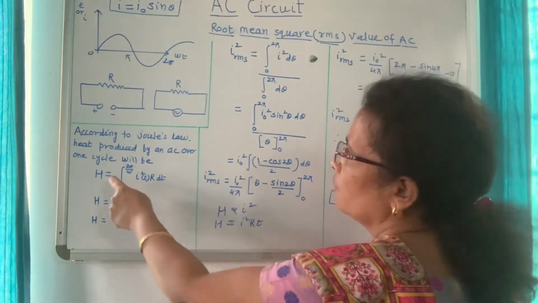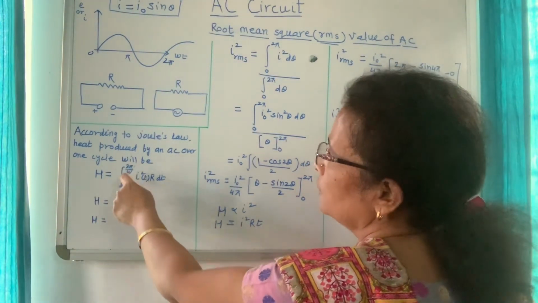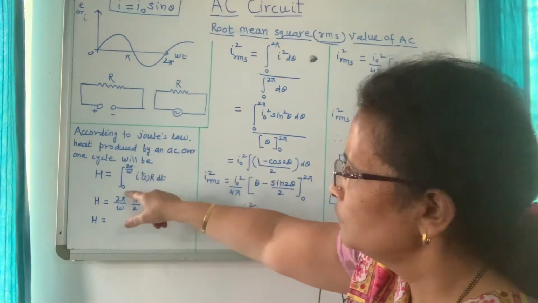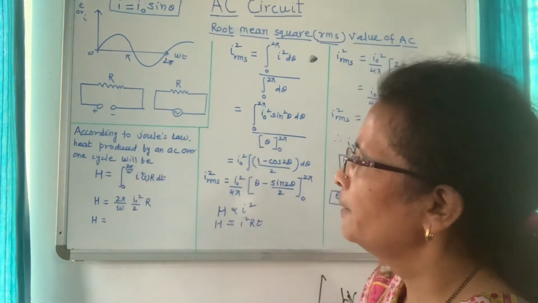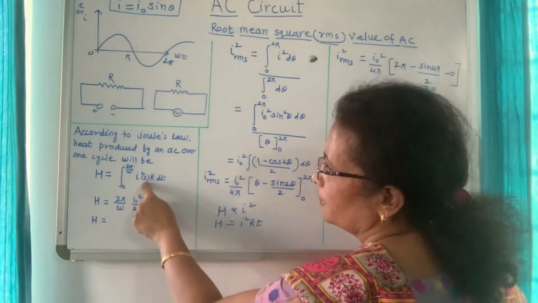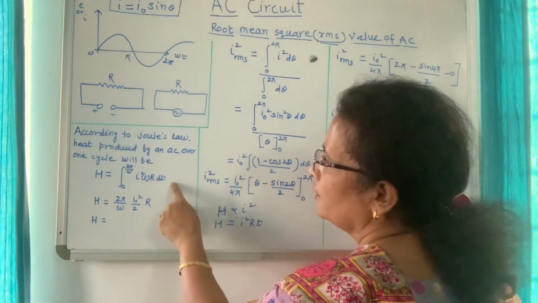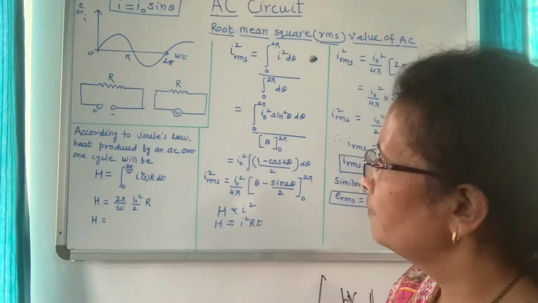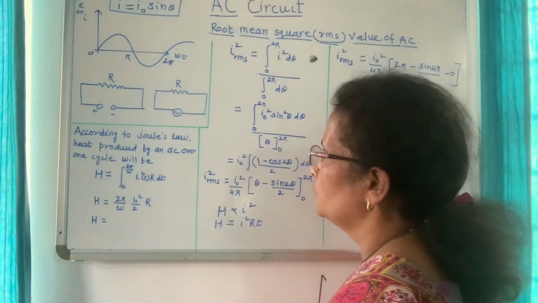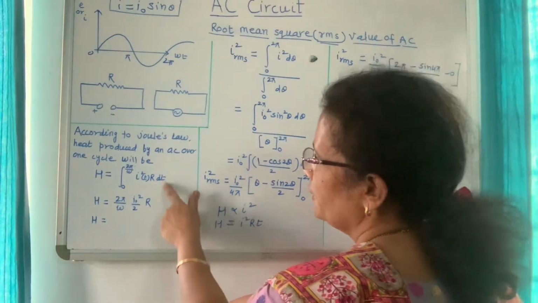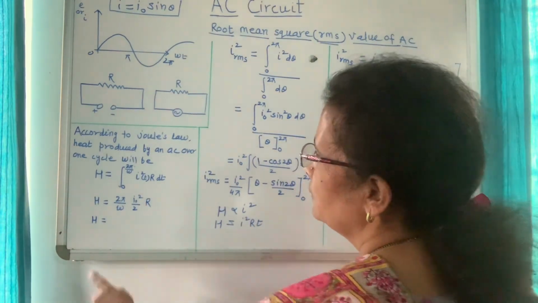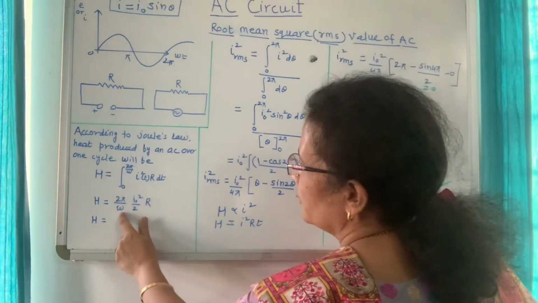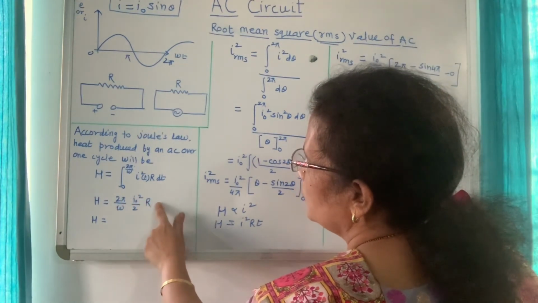So the heat produced over one complete cycle, H, is the integral from 0 to 2 pi by omega, since for one complete cycle the time period is T, of I square R dt, where I changes with time. Again, some heavy mathematical steps are required, so it is not necessary that you understand all this. You will write the final expression: after substituting the limits, heat produced is 2 pi by omega into I0 square upon 2 into R.